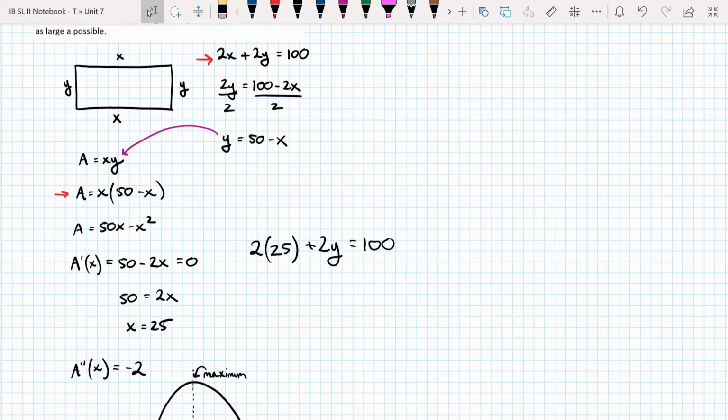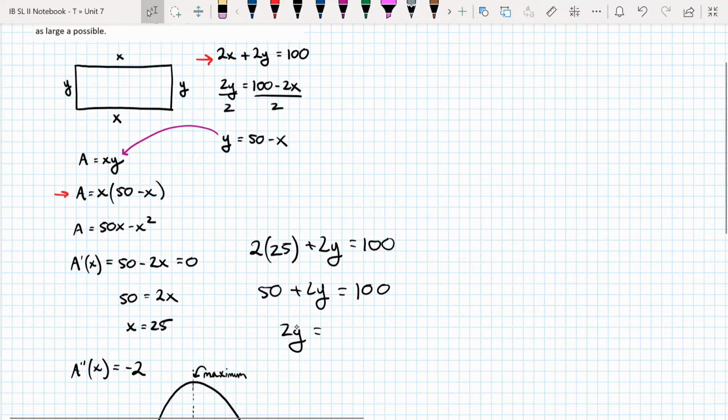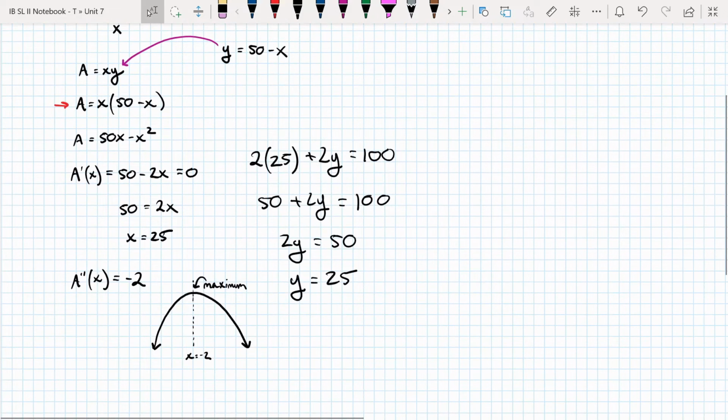Now let's solve this for y. So 50 plus 2y equals 100. 2y equals 50. So y equals 25. So the dimensions in this case, our answer, are 25 meters by 25 meters.